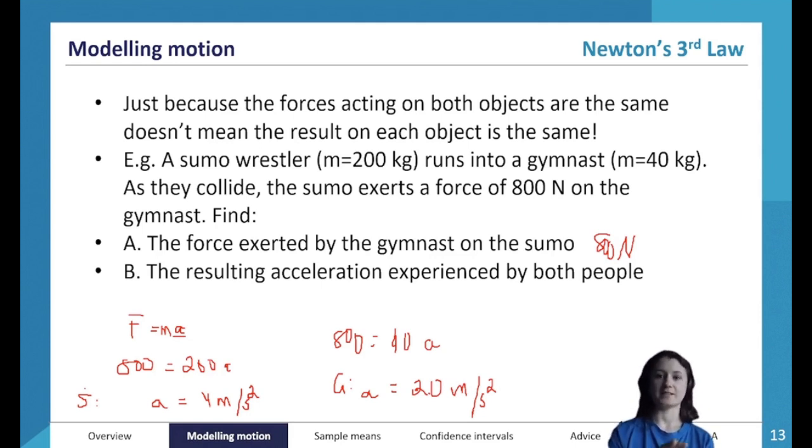More mass requires more energy to move. So even though both the gymnast and the sumo wrestler experience the same amount of force, the sumo wrestler will not move as fast because it requires more energy to move him.